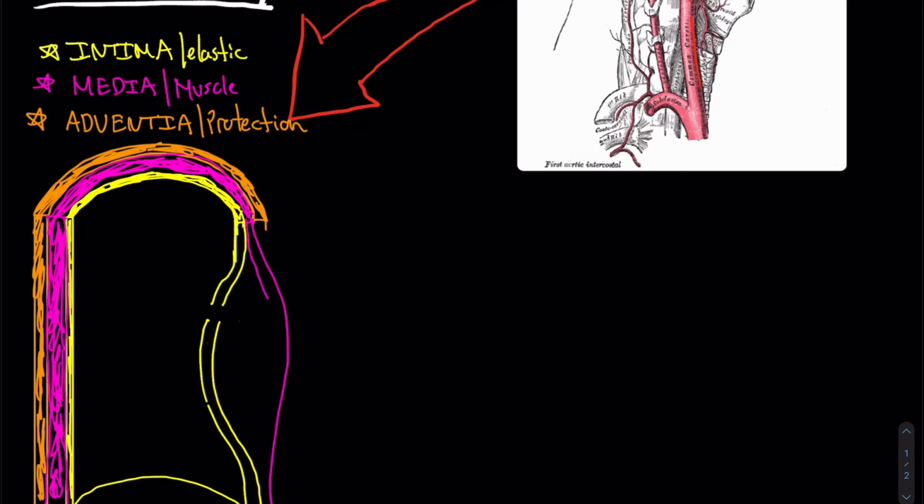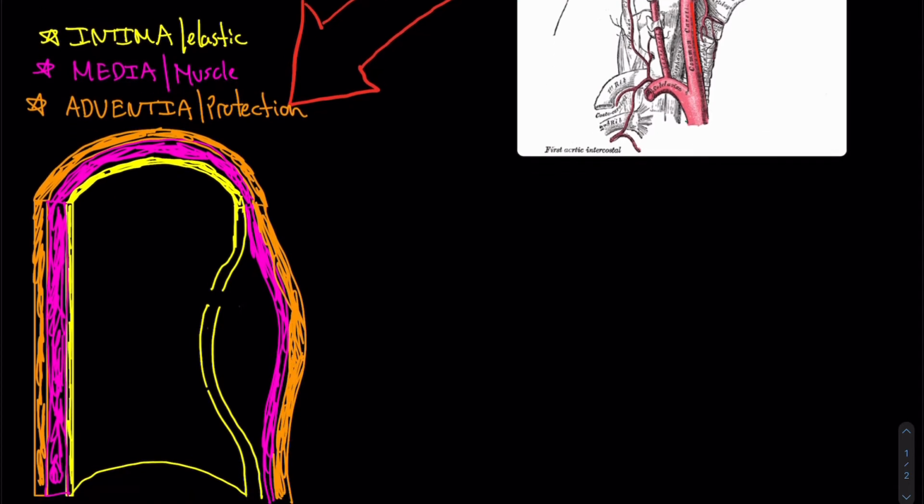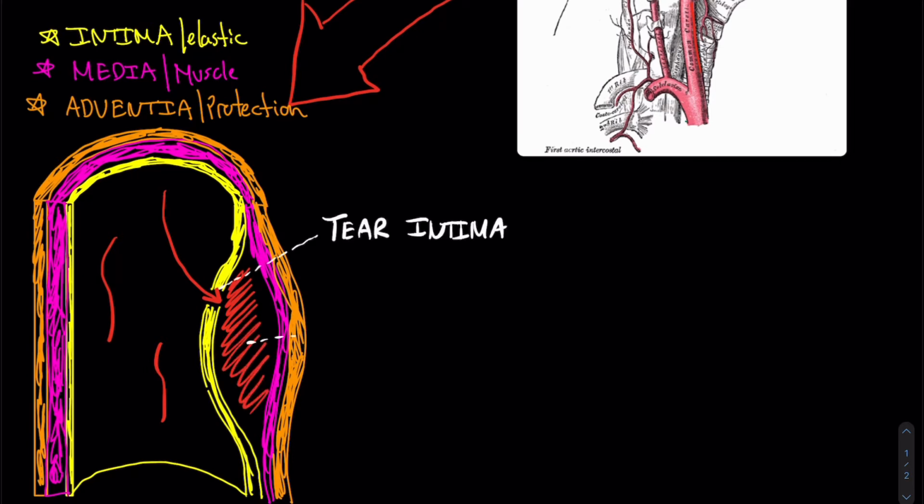So here we have the media, which is not affected. Then we have our protection layer, the fibrous one. And there is going to be a tear in the intima layer. Inside we have blood, right? Now the blood is going to go in here to fill this space right about here.